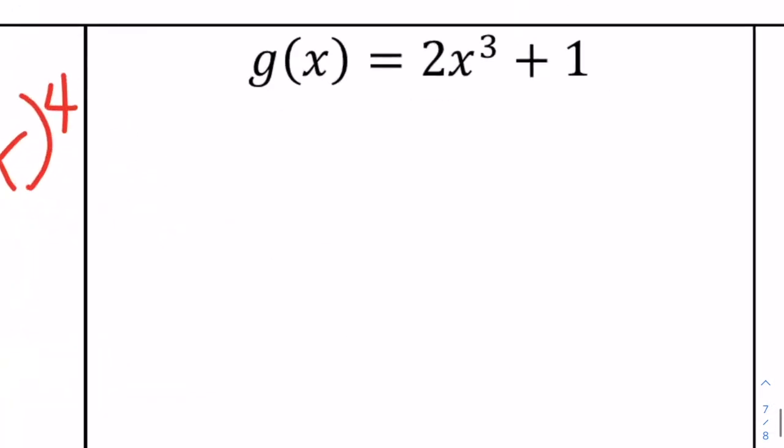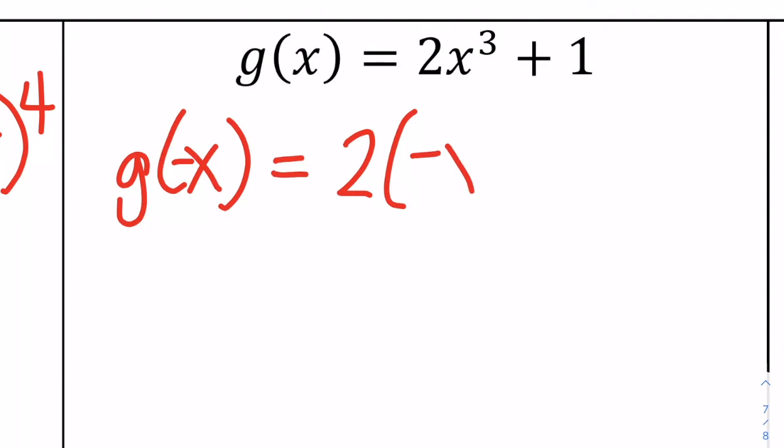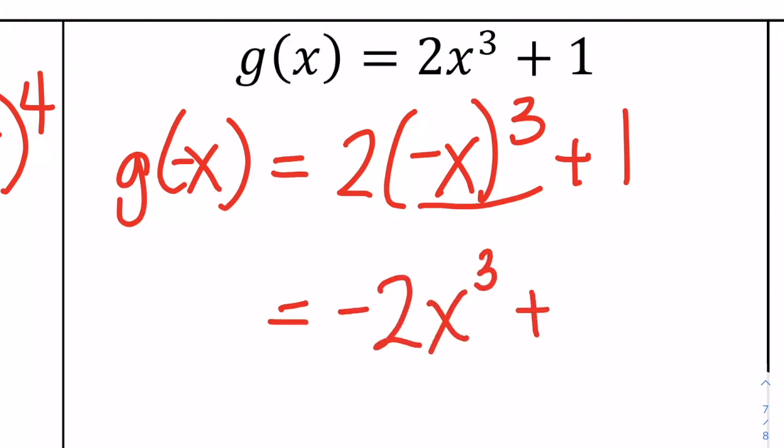For the next one, when we plug in a negative value for x, 2 times negative x cubed plus 1, well, we know that this will become negative, so that's negative 2x cubed. And I'm just going to have the negative distribute, and then plus 1.